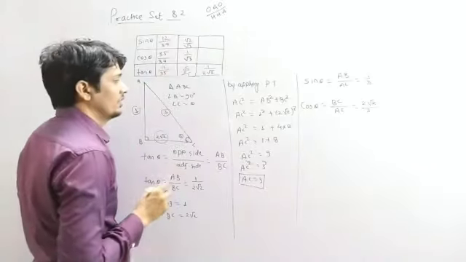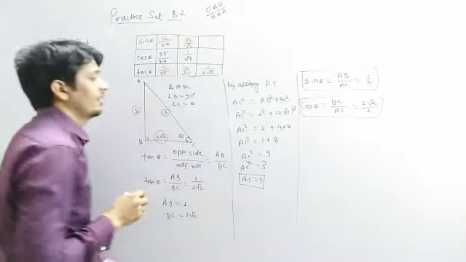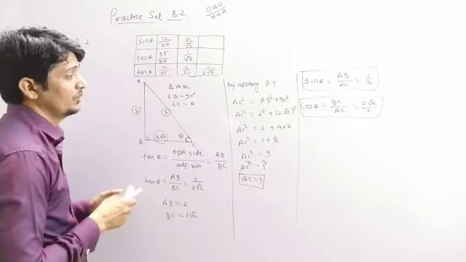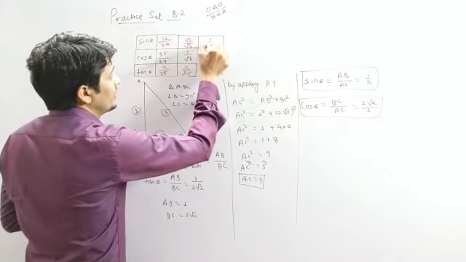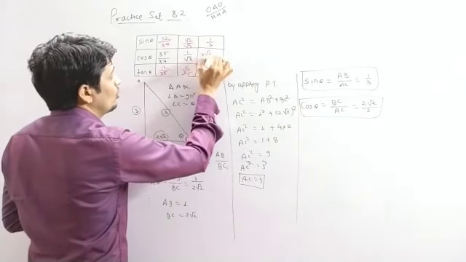Therefore we got the answer. So this one and this one will be the answer. So likewise you can solve all the problems in the same way. So here we have sin theta equals to 1 by 3 and cos theta equals to 2 root 2 divided by 3.